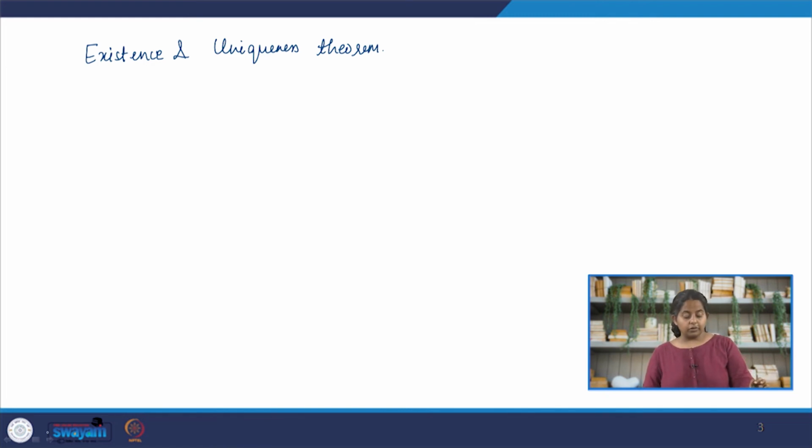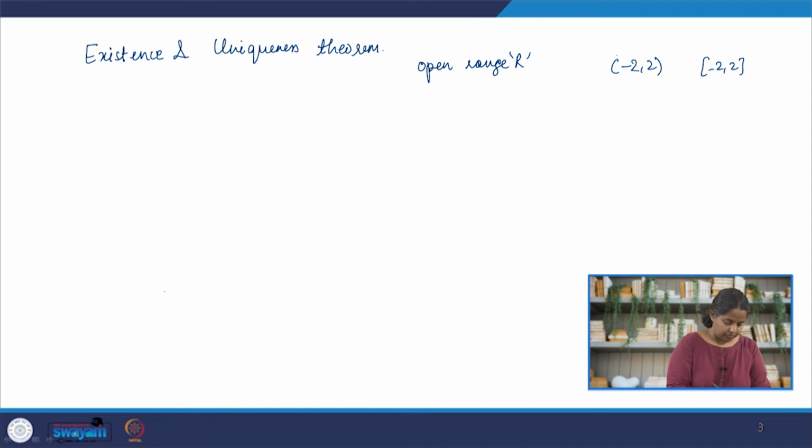So to use slightly more formal words, the existence and uniqueness theorem says that if you have a continuous and continuously differentiable function in a given open range R. So remember, an open range is when we are dealing with, let's say, minus 2 to 2. So we are dealing with all numbers between minus 2 and 2, but not the boundaries minus 2 and 2. A closed range would be like this. So we are dealing with an open range.